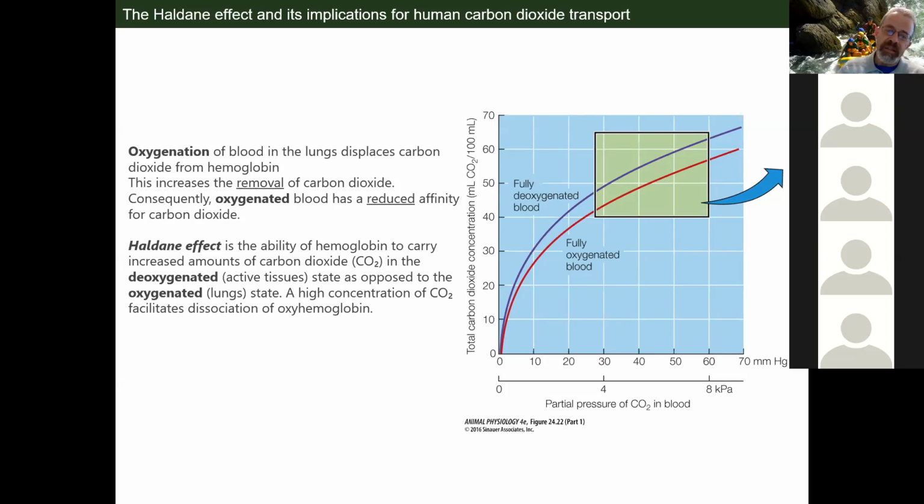At the lungs, you've got more oxygen, and the high levels of oxygen reduce the affinity of the hemoglobin for the CO2, so it's more likely to give it up. So in one end, we're looking at the reduction in hemoglobin CO2 affinity at the lungs, and with the Bohr effect, we're looking at a reduction in hemoglobin oxygen affinity at the tissues.